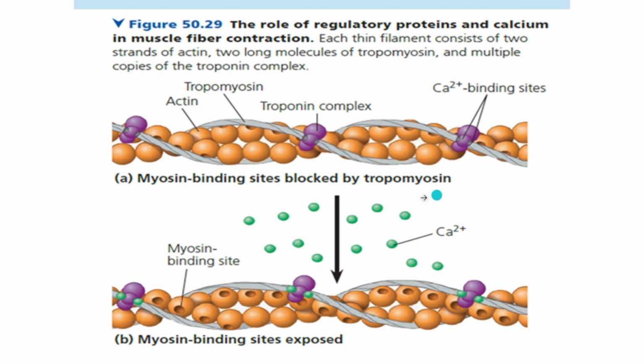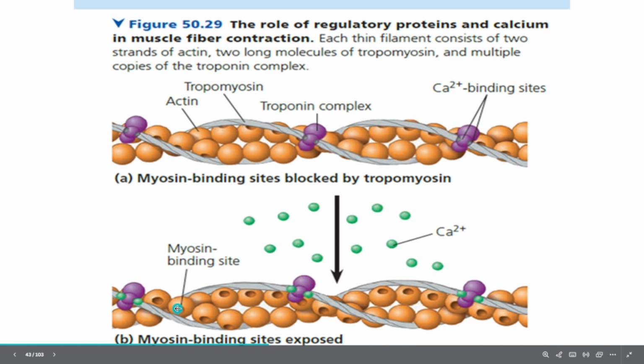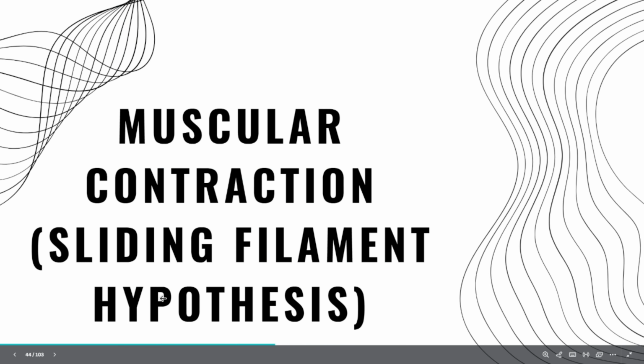But when they have the calcium ion bind to the troponin complex, because troponin complex containing calcium binding site, it will change the structure. Move the tropomyosin, so that it exposes the myosin binding site of the actin, so that the myosin head can bind into it. Myosin binding site, this part is the place for myosin head to bind into it. So yeah, something like that.